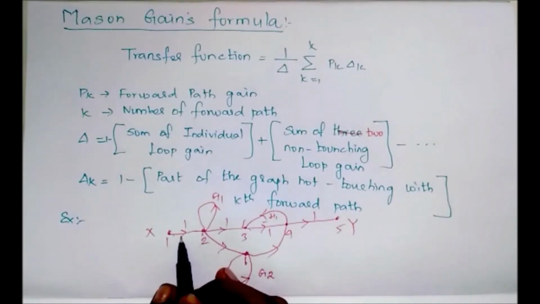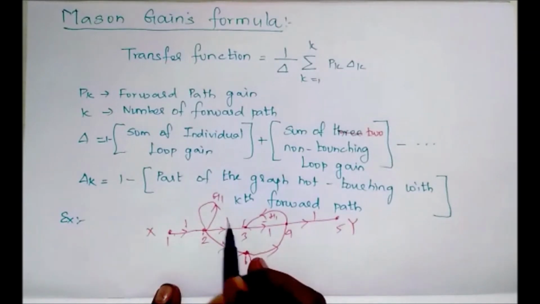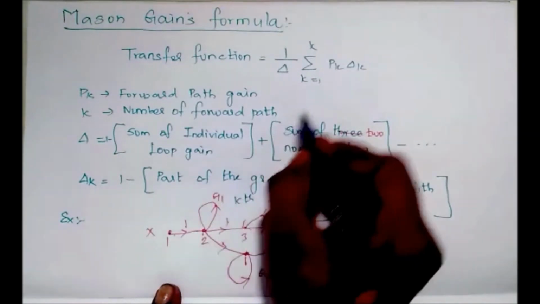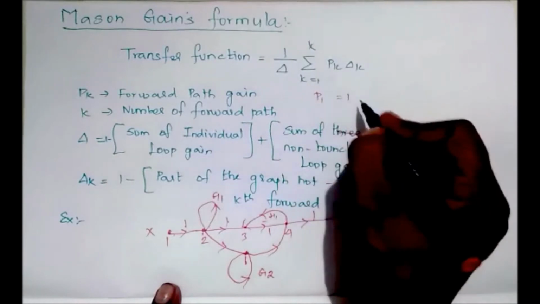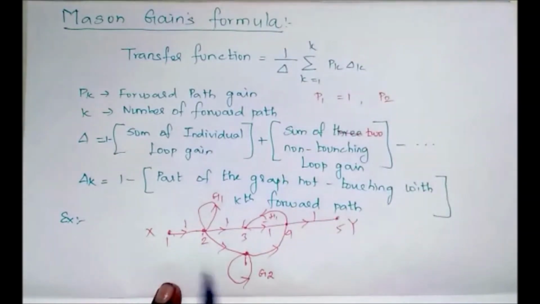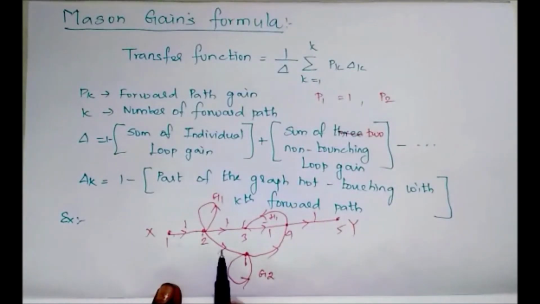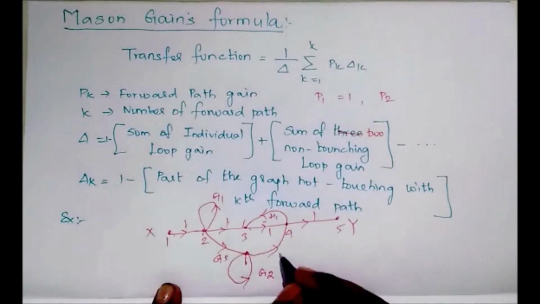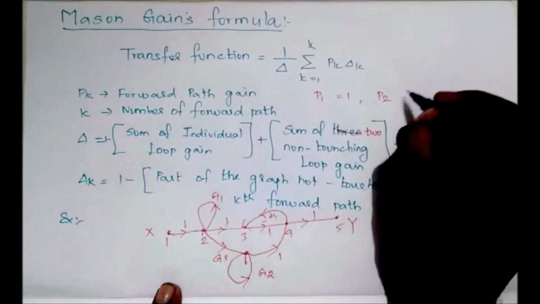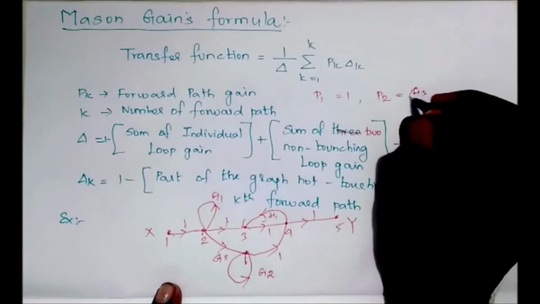So first forward path gain is 1 into 1 into 1 into 1. Therefore p1 equal to 1. Next second forward path gain, suppose it is g3, 1 into g3 into 1 into 1. Therefore p2 equal to g3.